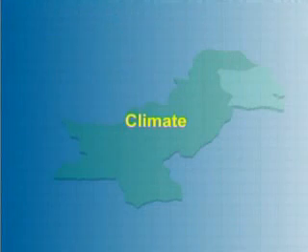Now, because of this territorial diversity, from mountains in the north and northwest to desert in the south of the Indus Plains, the climatic conditions also vary. Climate also varies from region to region.